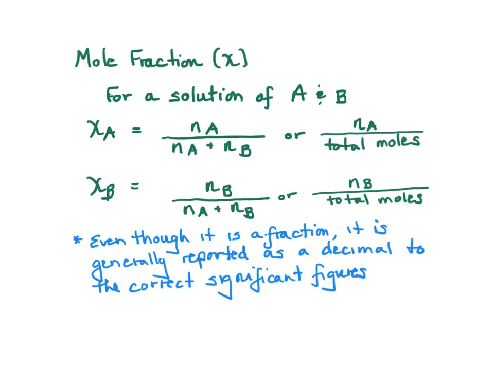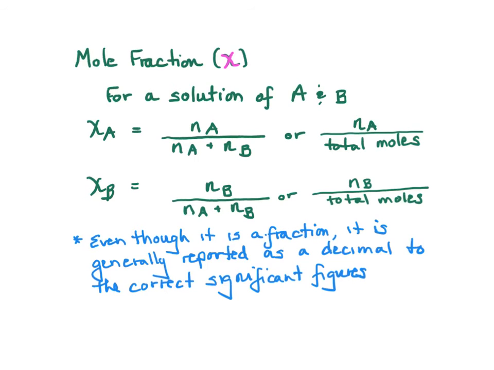Mole fraction is just a fraction of moles, and you use this funny Greek symbol. You can just make it like a fancy X if you want to. Okay, so the mole fraction of A is the moles of A over the moles of A plus moles of B, or you can say moles of A over total moles. The mole fraction of B is the moles of B over the moles of A plus the moles of B, or again, the moles of B over the total moles.